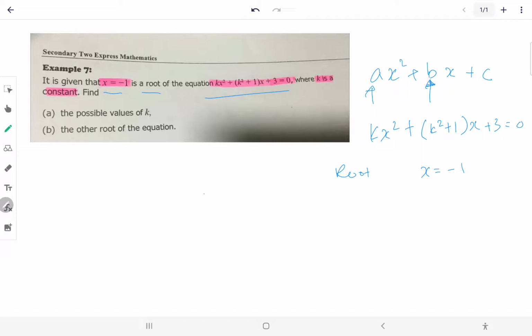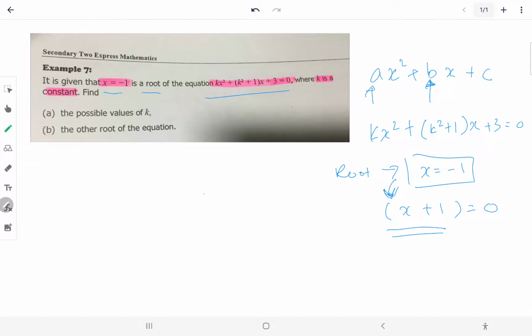If the root is x equals minus 1, that means the factor is x plus 1 equals 0. Reverse engineering. So reverse this root and then go into this. You realize that this is actually one of the roots.